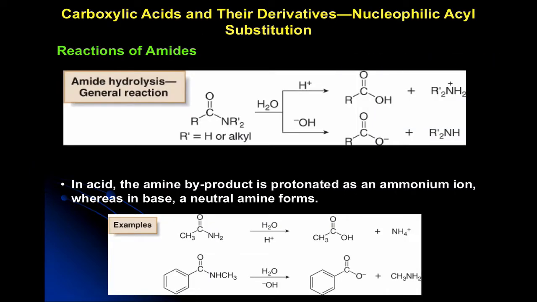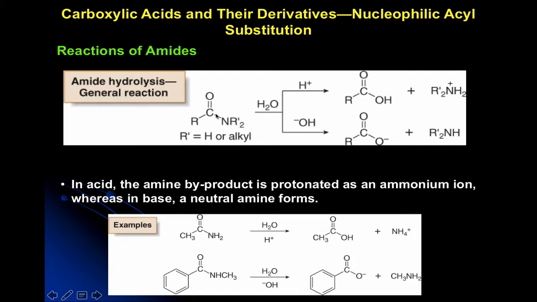So we all know that amides are carboxylic acid derivatives, and it turns out that amides can actually be hydrolyzed to carboxylic acids and free amines, either under acidic or basic conditions. Now, this is not an easy reaction to do because we know that the amide bond is actually quite strong.